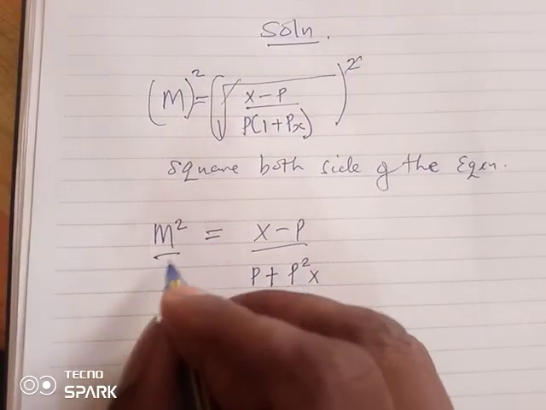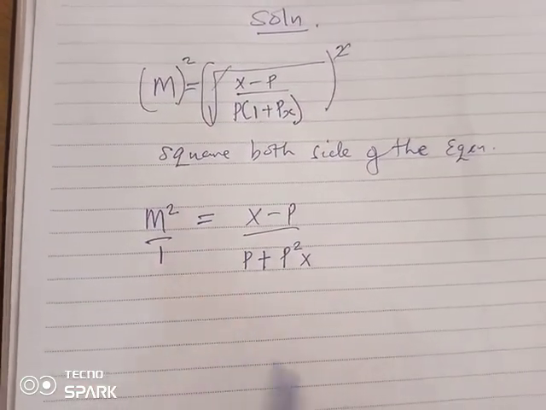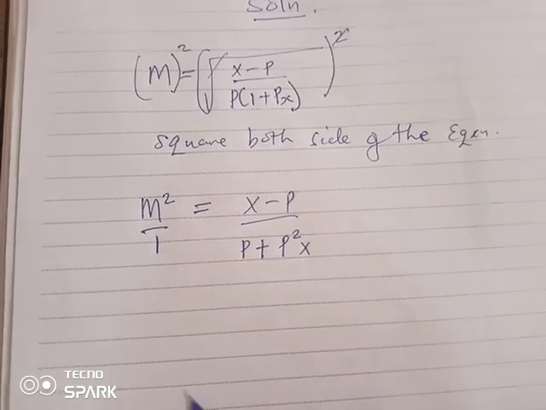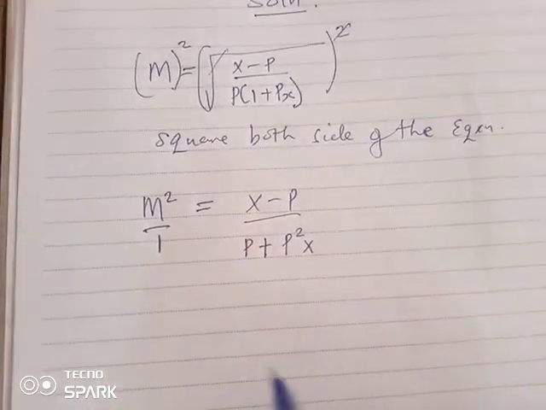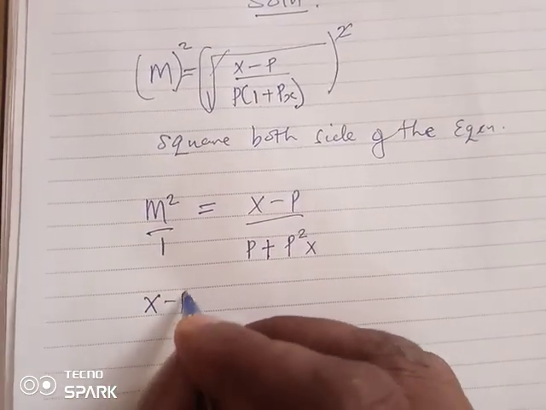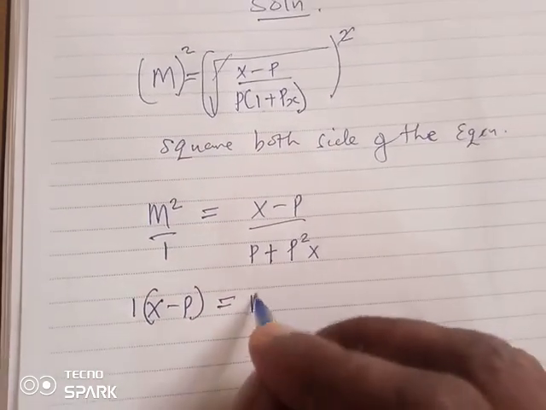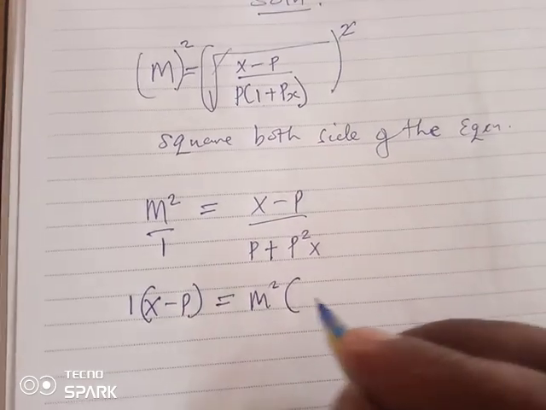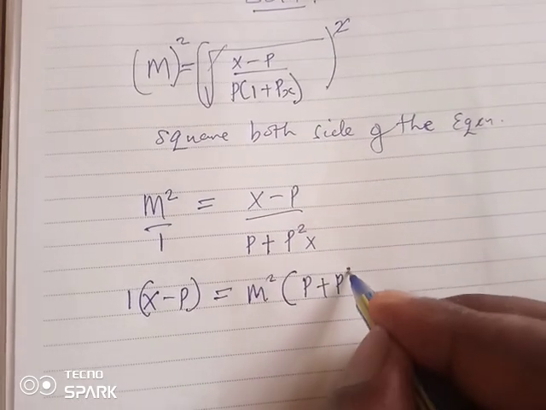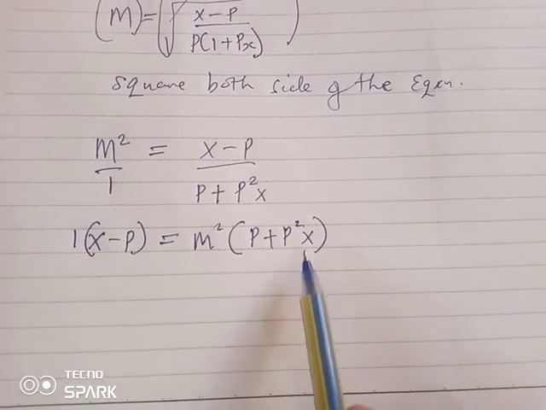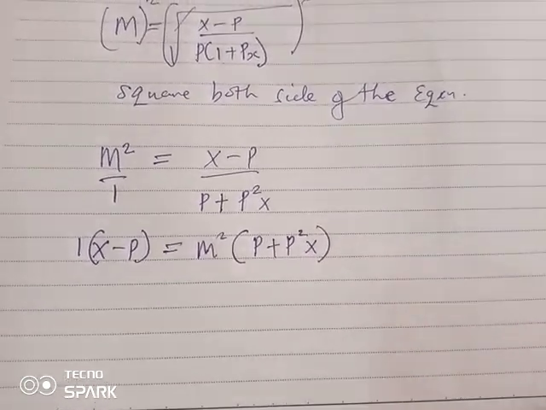Now I'll give m a denominator 1 so that I can cross multiply. So 1 multiplies x minus p, I will get, of course, x minus p times 1. Then m squared, now multiplying the denominator on the other side, that is p plus p squared x.